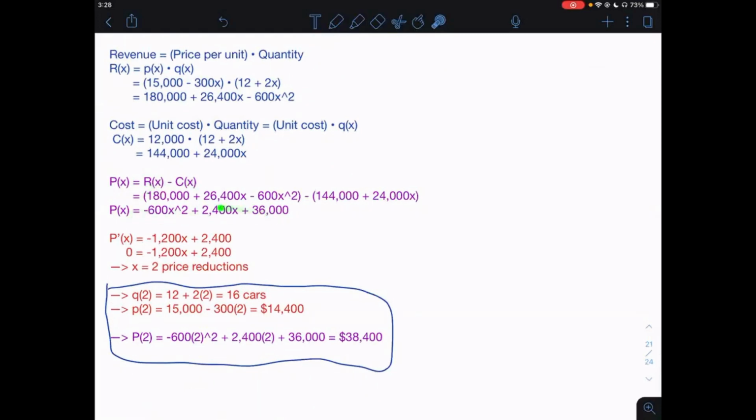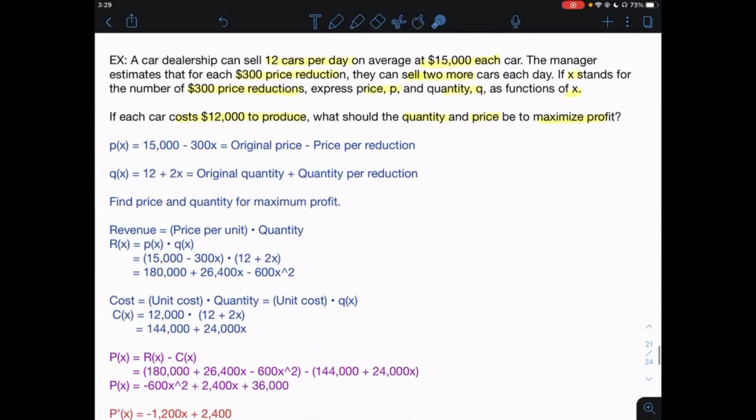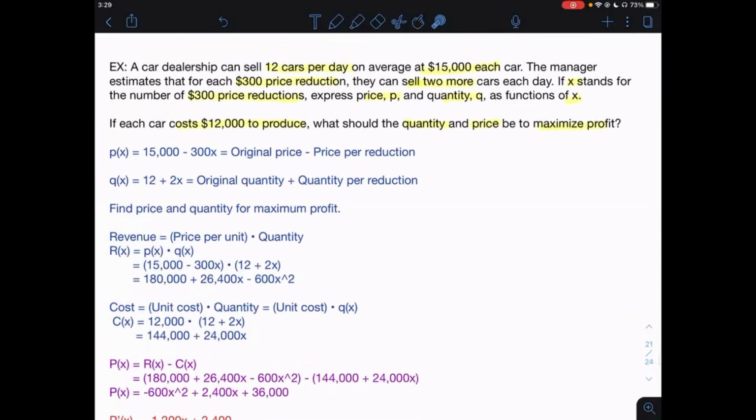And since we're trying to optimize the profit, we had to find its derivative, set it equal to 0, and solve for our critical value of x, where x represents how many price reductions to make, which in our case wound up being 2. But again, read carefully exactly what we want from the problem. We want to find the optimal quantity and optimal price.